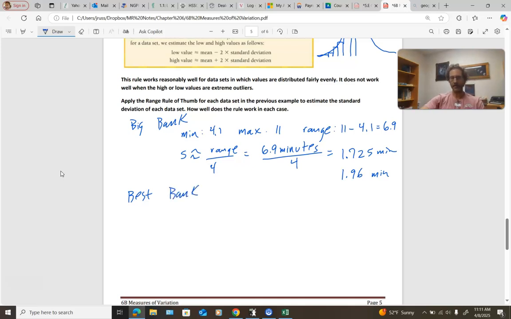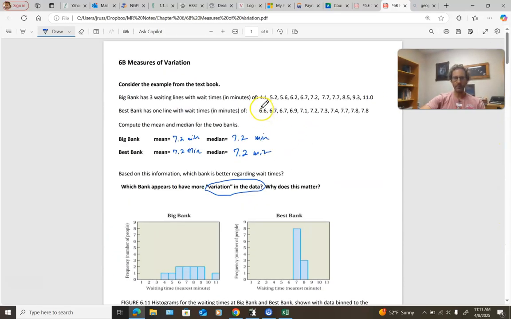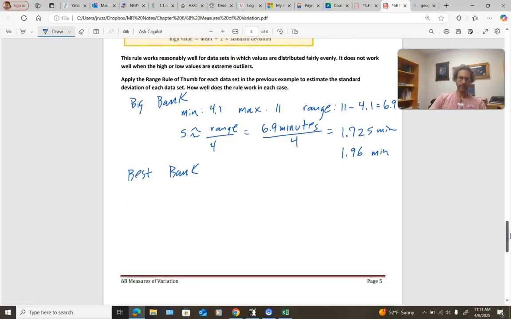Now let's do the same thing with the data from Best Bank. I'm going to have to look back at our data set to see what the min and max were. The minimum was 6.6 minutes and the maximum was 7.8 minutes.